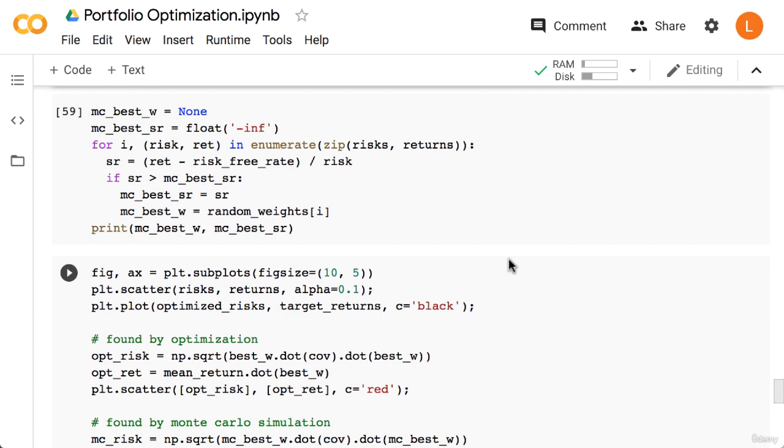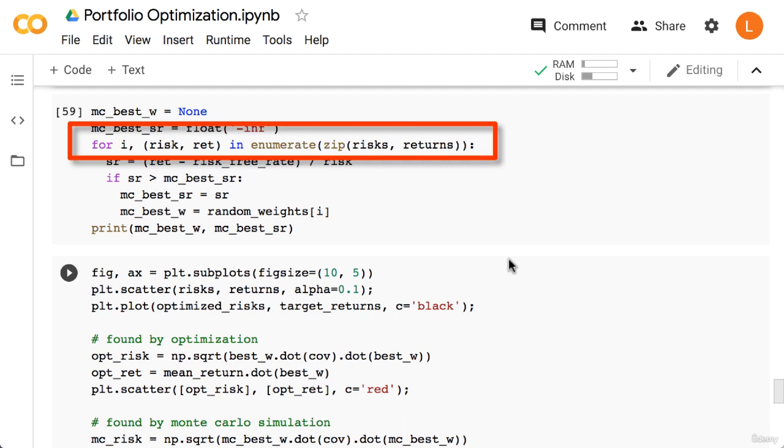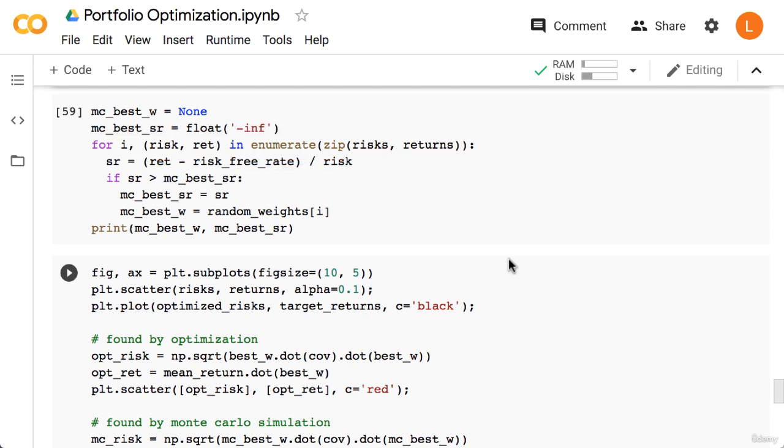By the way, this is known as the Monte Carlo approach, which is why I've prepended the variables here with MC. Okay, so to start, I'm going to initialize the best weights to None and the best Sharpe ratio to negative infinity. Next, I'm going to enter a loop to iterate through all the risks and returns that we generated earlier.